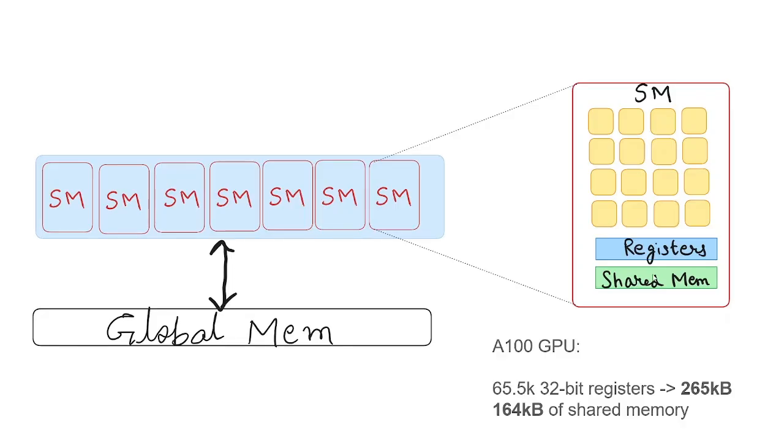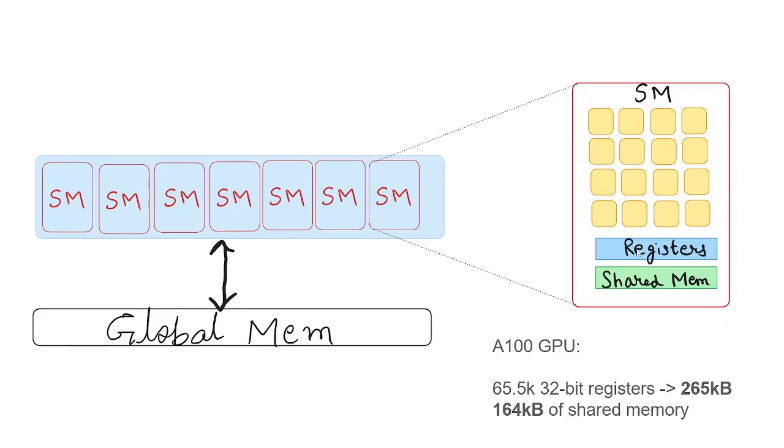If two blocks are scheduled to the same multiprocessor, threads in two different blocks cannot access that same data kept in the shared memory. So it's really per block shared memory. Here I have not shown the L1 and L2 caches, but those are also present.